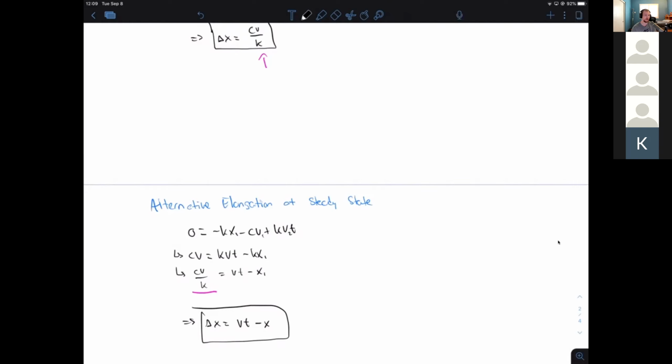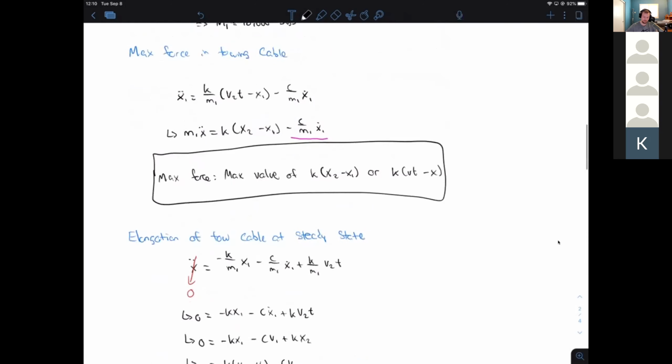Okay, so now we're going to talk about the new cable. First of all, I'm going to go back to what we have to solve for the experiment. If you look at your lab handout, you'll see under section C that we need to answer the maximum force in the towing cable and when it occurs. So we have our expression for that.